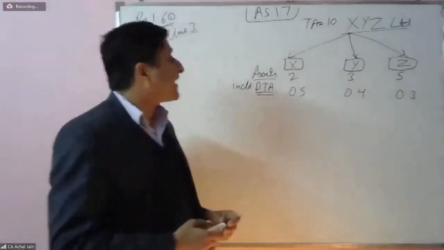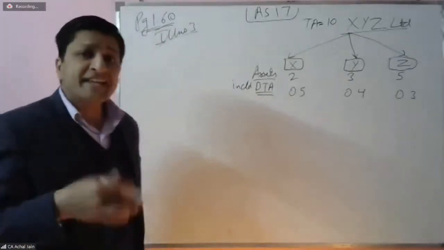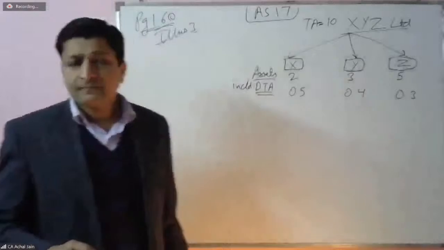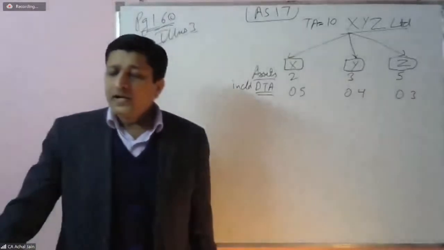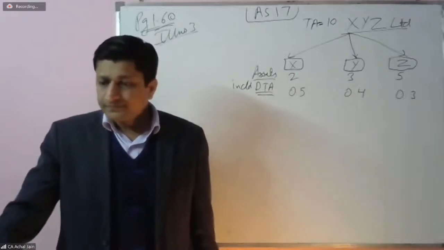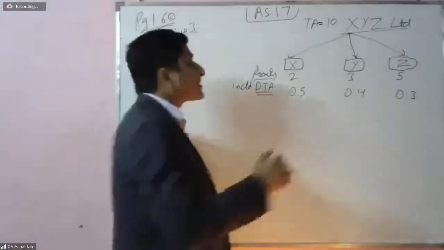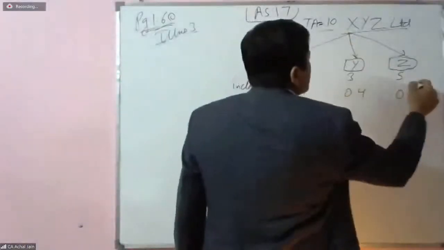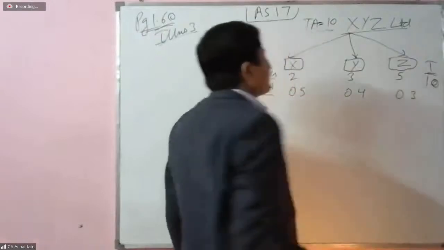So let's understand about the assets which are required to be considered. Currently, if you look at the total assets of the company, the total is 10.